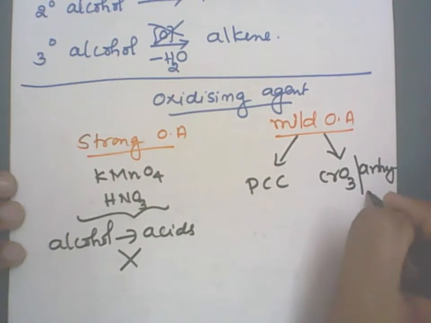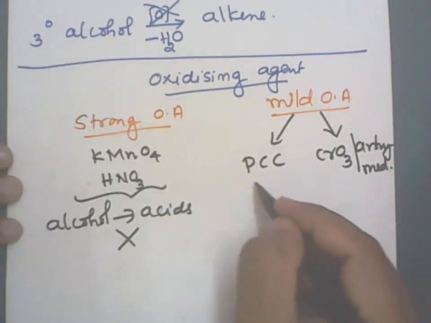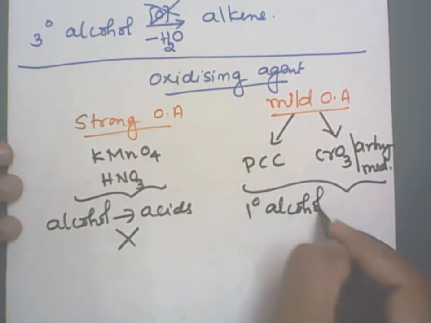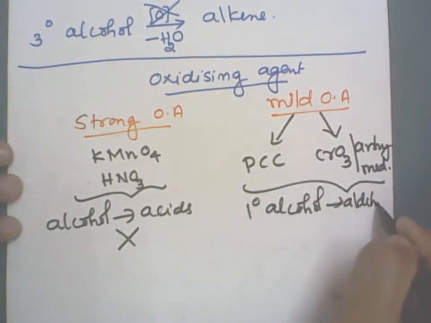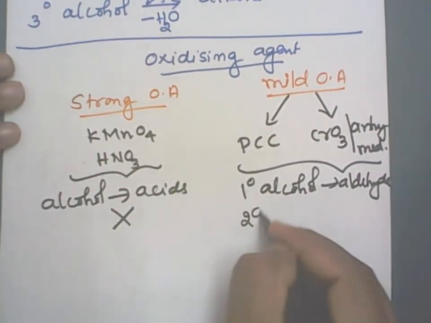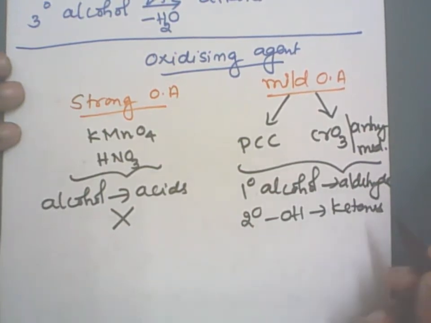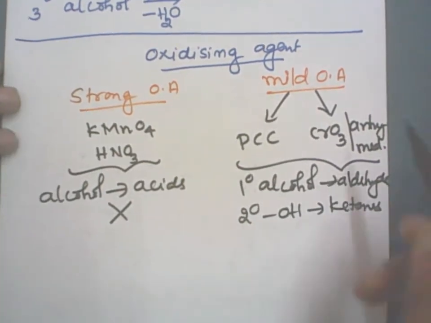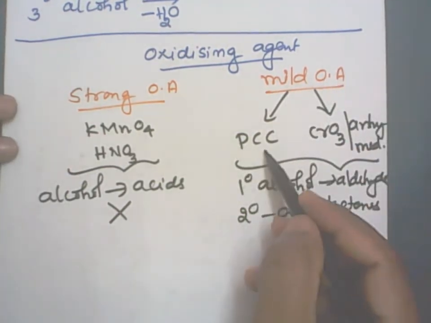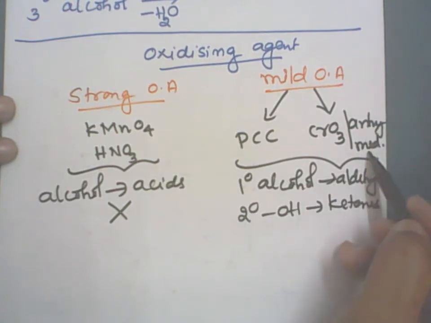These will oxidize primary alcohol only to aldehyde, and further oxidation will not take place because they are mild ones. And secondary alcohols to ketones. Right? So what are the two mild oxidizing agents we have got? One is PCC, the other one is chromium trioxide in anhydrous medium.